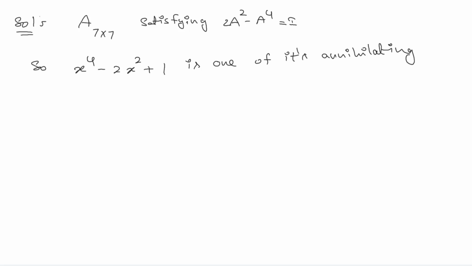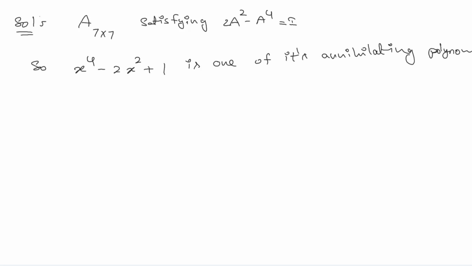Why? Because since this polynomial is satisfied by the given matrix, that means whenever you put the matrix in this polynomial, the polynomial makes that matrix 0. So we call this polynomial an annihilating polynomial.